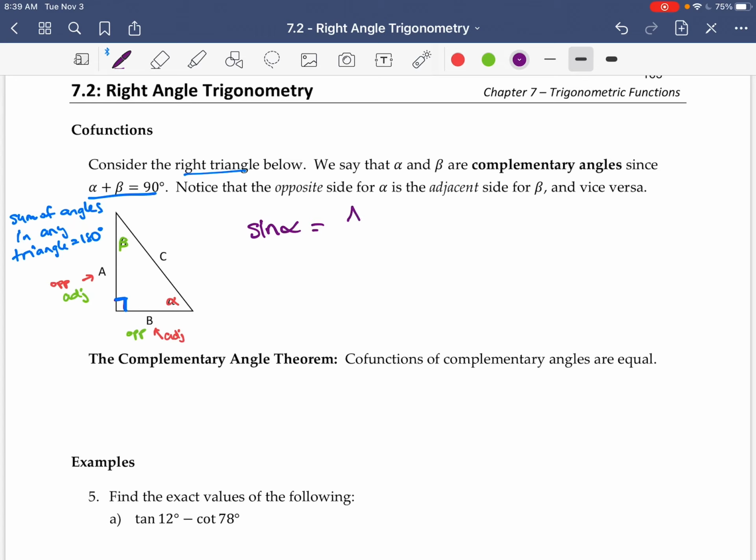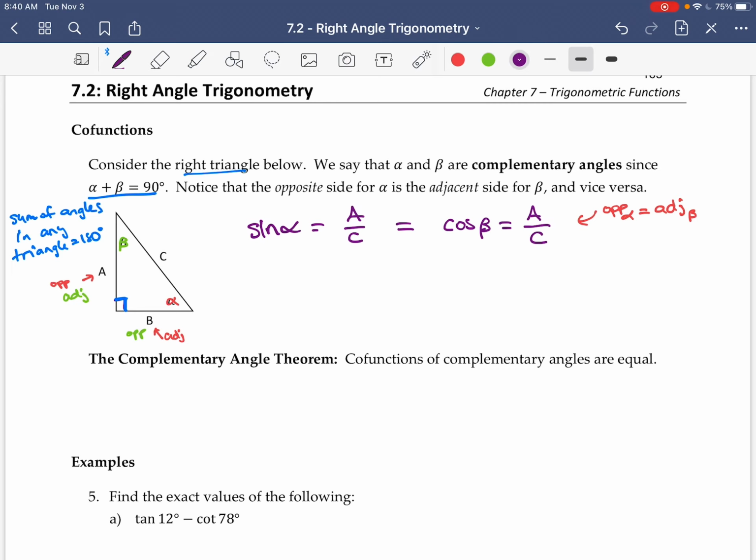So it's going to be a over c. But if I look at, say, cosine of beta, so now I'm using the beta angle, I want the adjacent, which is also a, over the hypotenuse. So notice that those are equal since the opposite for alpha is equal to the adjacent for beta. So we get these things are equal.